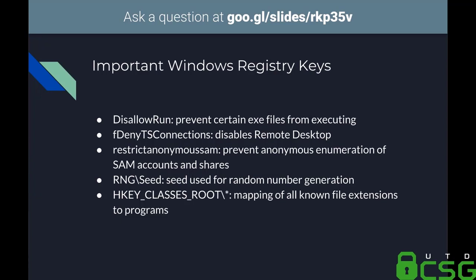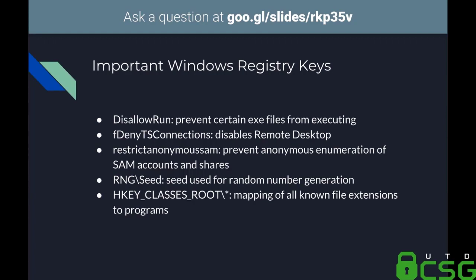You can restrict anonymous SAM. So the security, I don't remember, security access manager, I may be wrong with that, but it's basically where the passwords are stored on Windows. They're hashed within there, and so if an anonymous user can basically list all of the hashed passwords in there, that's a serious issue.